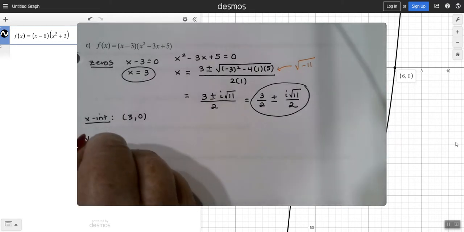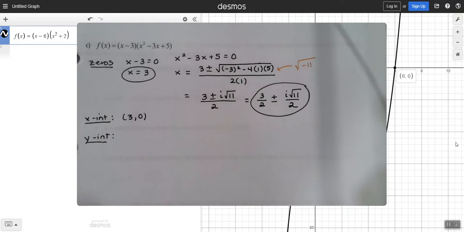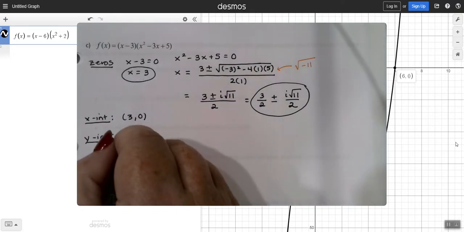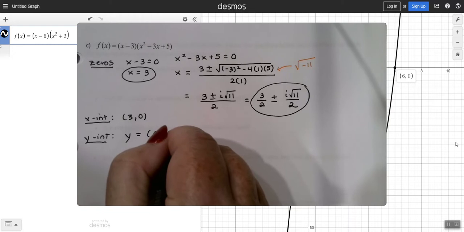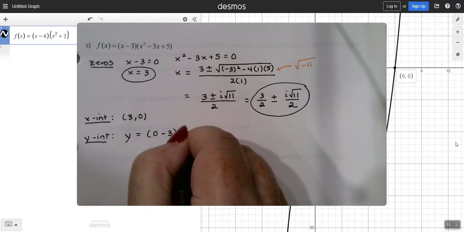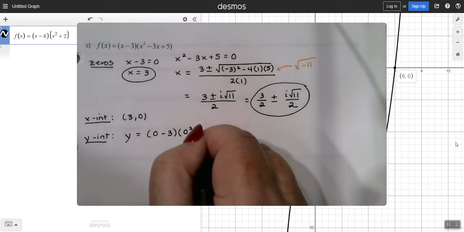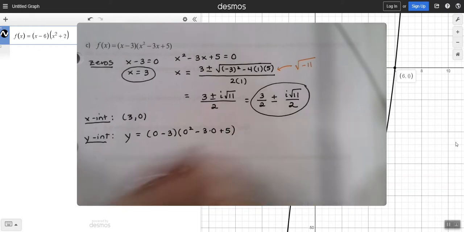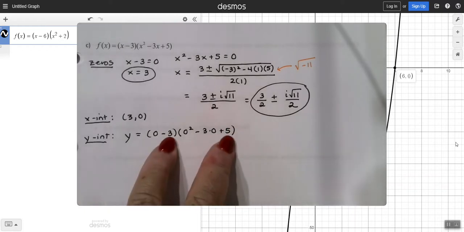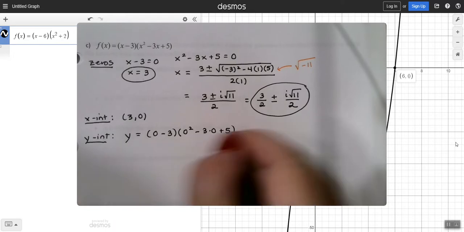All right, what about the y-intercept? If I put in x equals 0, I'll get 0 minus 3 times 0 squared minus 3 times 0 plus 5. Negative 3 times 5 would be negative 15.